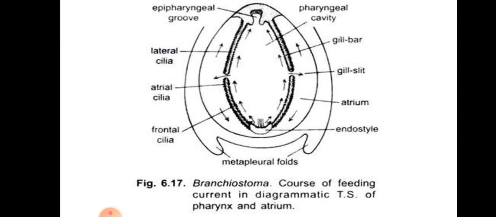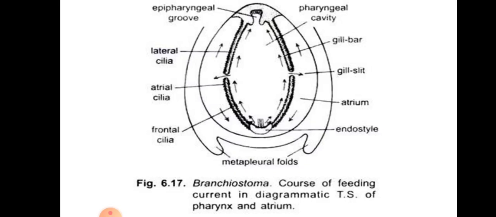The endostylar cilia and the frontal cilia of the gill bars beat upwards so that the mucus sheaths laden with food particles move dorsally to the epipharyngeal groove.